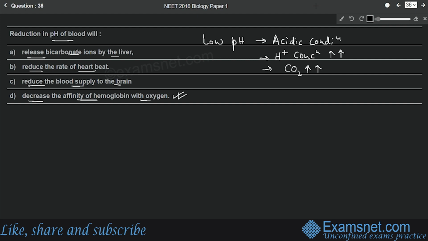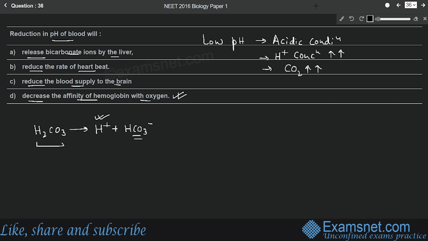Because we know that when carbonic acid, that is H2CO3, dissociates, it gives H plus ion and bicarbonate ion, HCO3 minus. Now this bicarbonate ion will further give carbon dioxide. So an increase in H plus ion means an increase in carbon dioxide as well, because both are produced as a result of dissociation of carbonic acid. Okay, so we can say that there will be more amount of carbon dioxide in the blood.